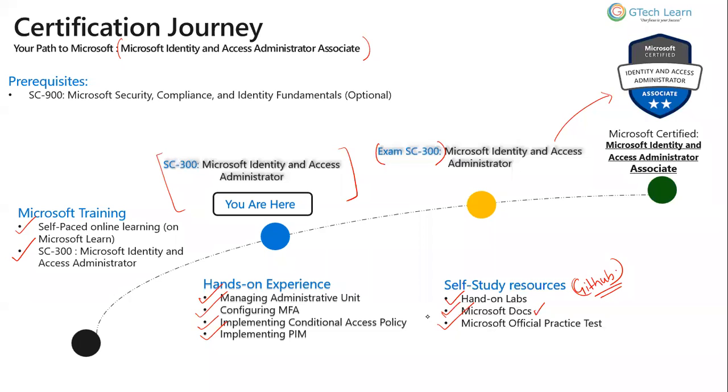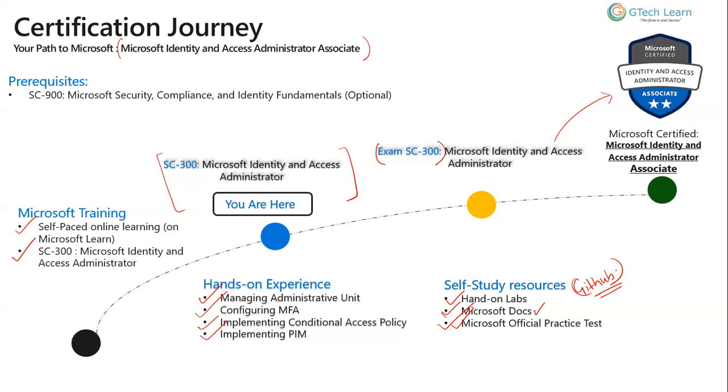Apart from that, once you are done with your training and your hands-on lab, you are prepared, and you want to test your knowledge before appearing for the real examination, before appearing for your SC-300 certification exam, you can go with different practice tests. Microsoft also provides some official practice tests, and you can utilize those practice tests in order to test your knowledge before appearing for the real certification exam for SC-300.